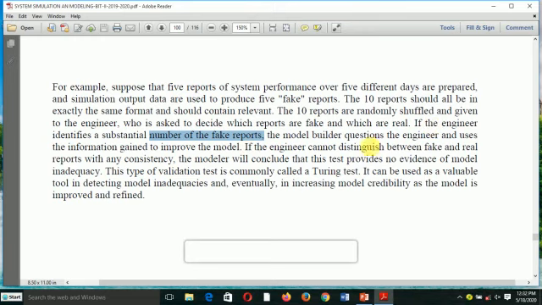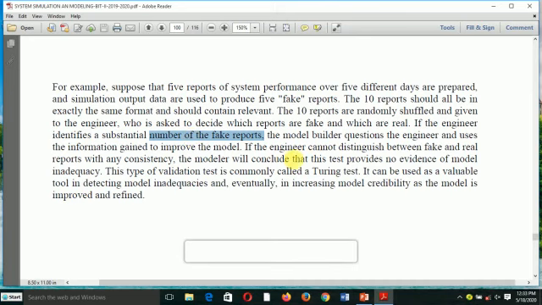After that, the model builder will question the engineer and use the information again to improve the model. After the engineer responds to the questions of the model builder, the model builder will get very nice information which will help him improve the model.